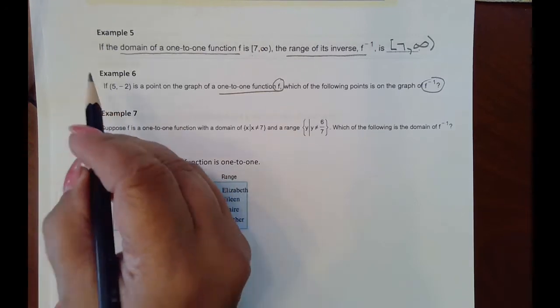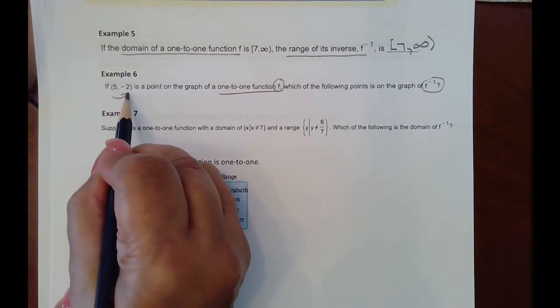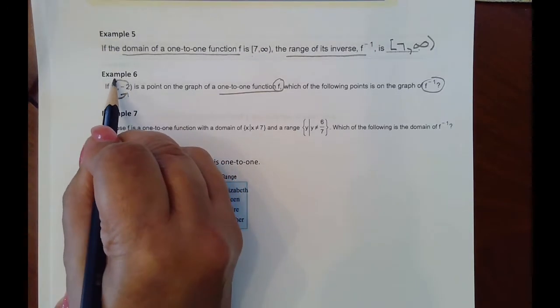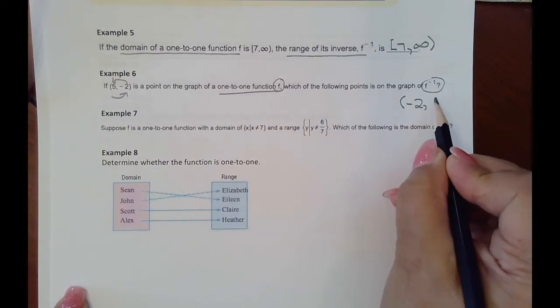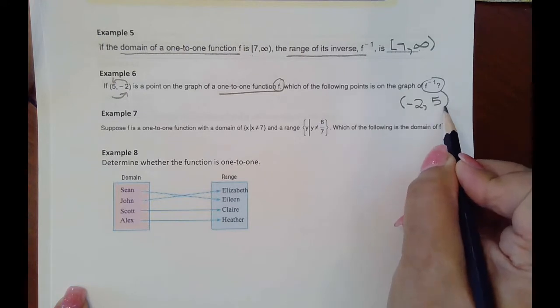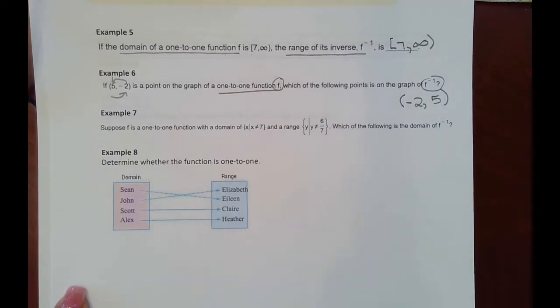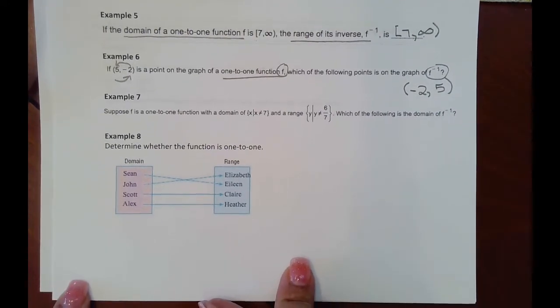Just switch the x and the y. This becomes the y, this becomes the x. So the answer would be (-2, 5). This would be like a multiple choice question, and that would have been one of the choices in my math lab.